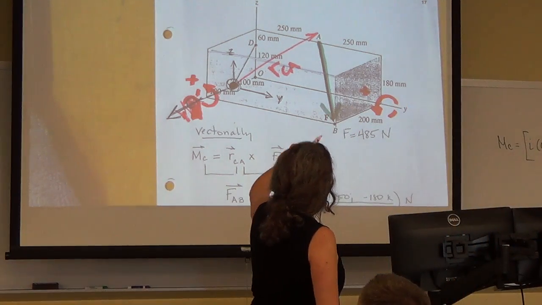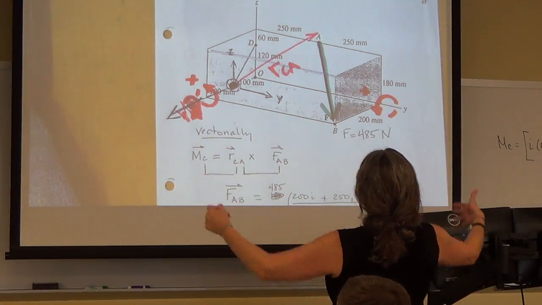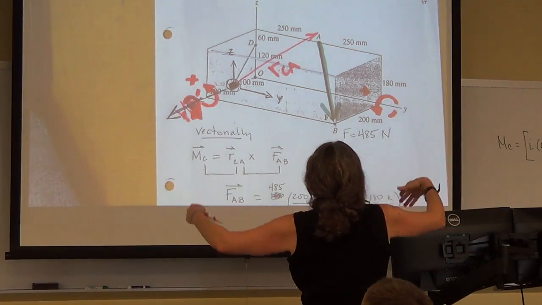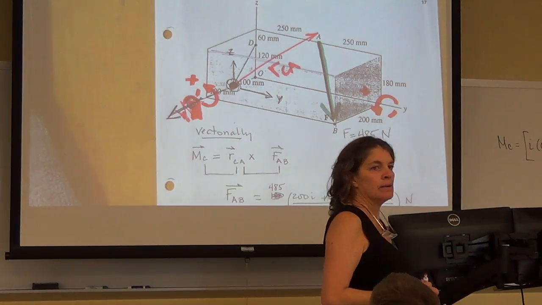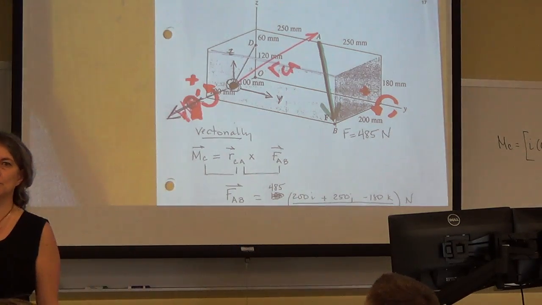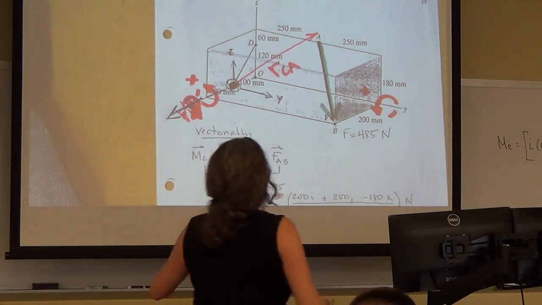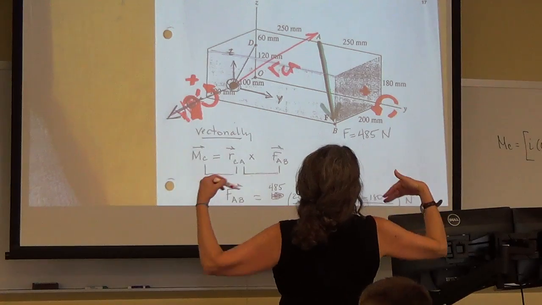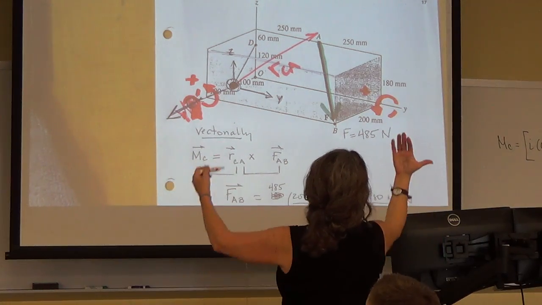Is the force going from A to B causing a positive or a negative spin about y? Positive. How many people got that one? That one's a little bit easier. Let's try it again. If it's spinning this way around the y-axis, it's positive.